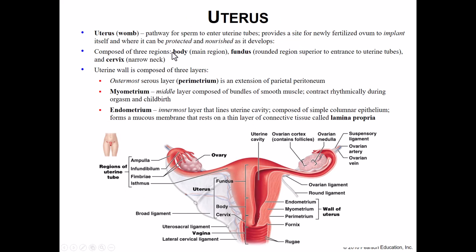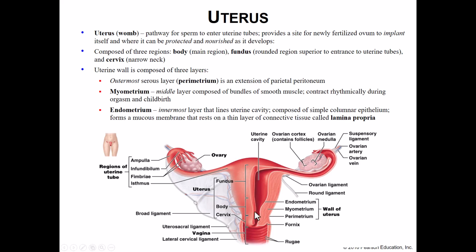We mentioned those three regions of the uterus earlier. The fundus is the rounded superior area of the uterus. The body is the main region, and then the cervix is where the uterus narrows and releases into the vagina.